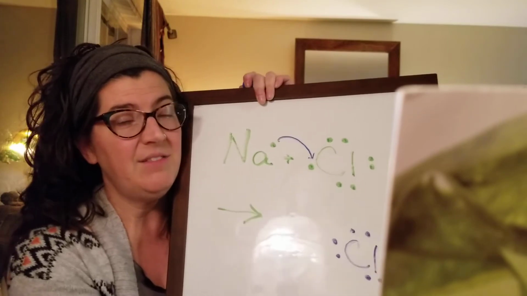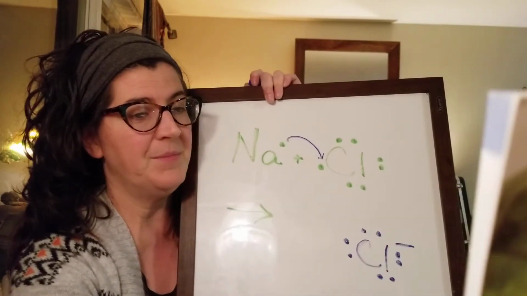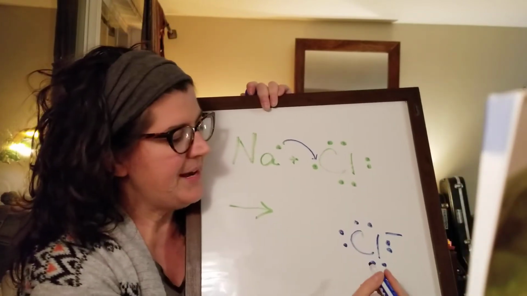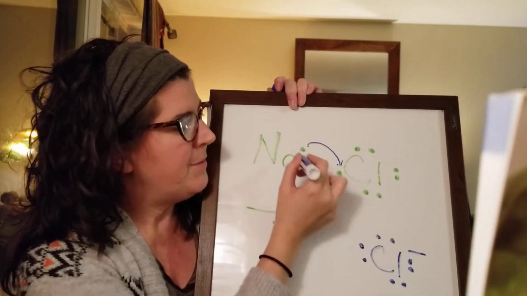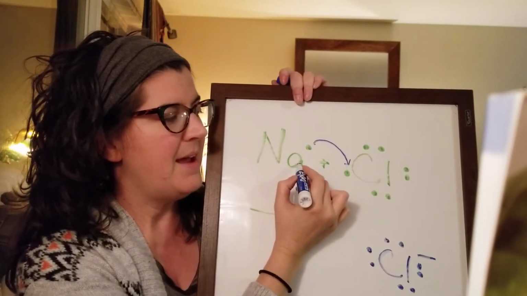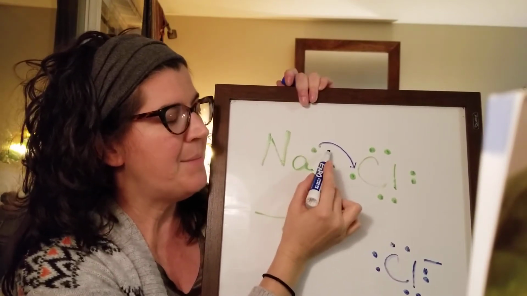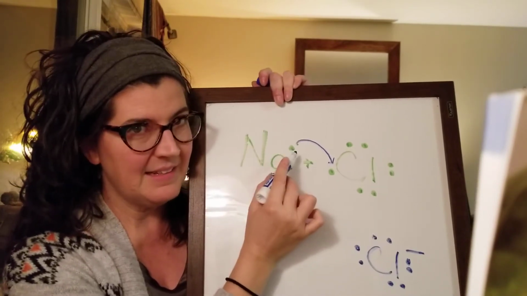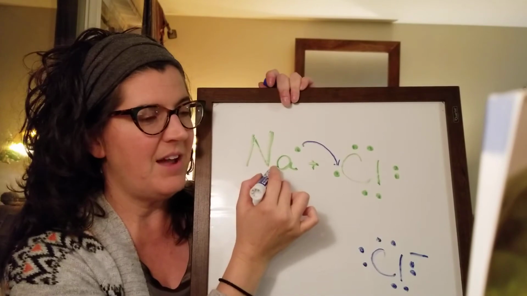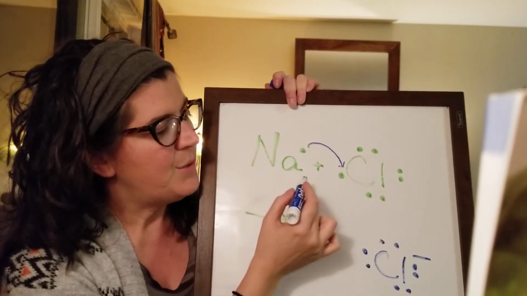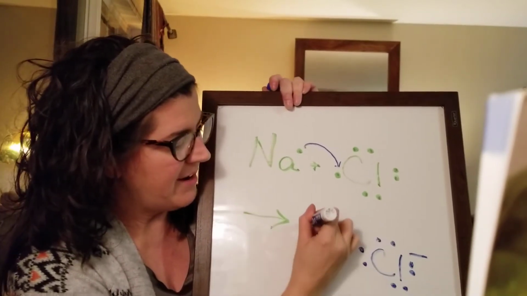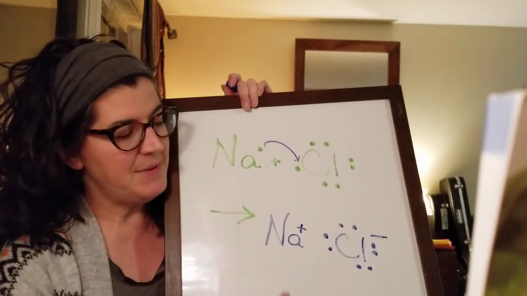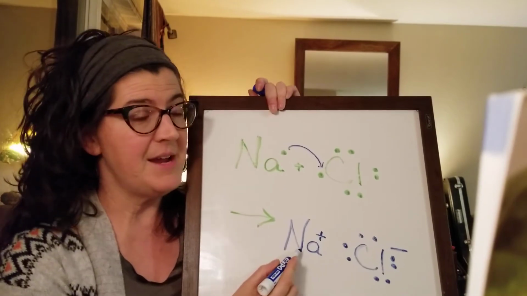So we're going to give it a negatively charged ion symbol there, which makes it an ion, right? And then over here, we realize that sodium has given up its valence electron, which makes it one less electron and one less bit negative, so it's more positive. So we've got over here Na with a positive charge, which makes it a cation, right?